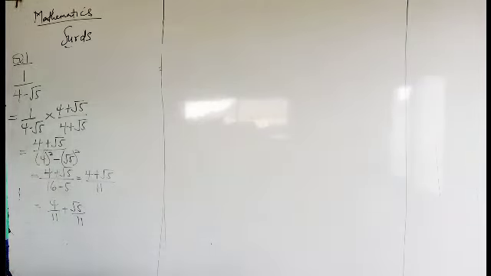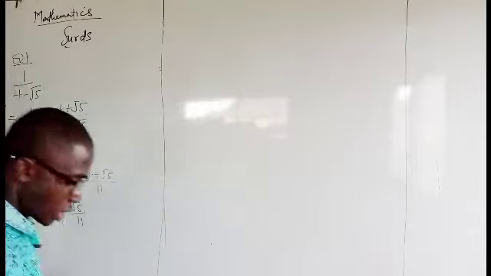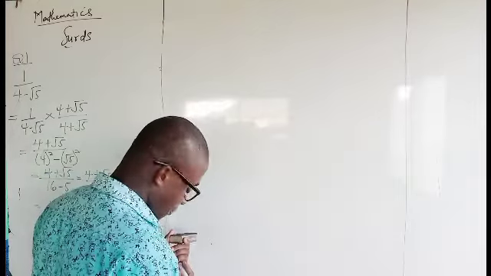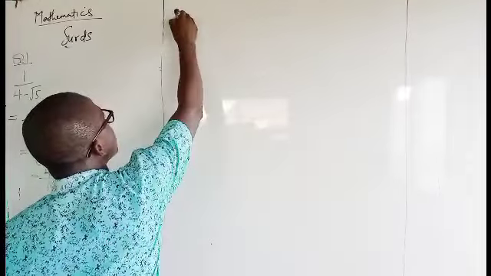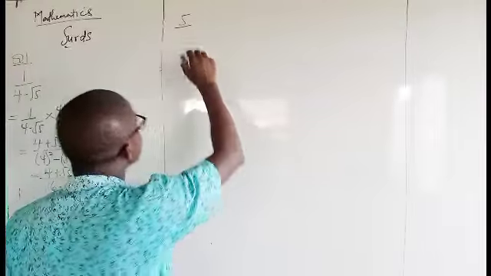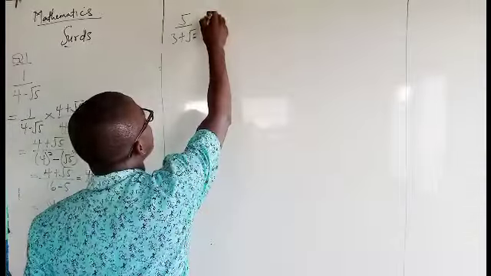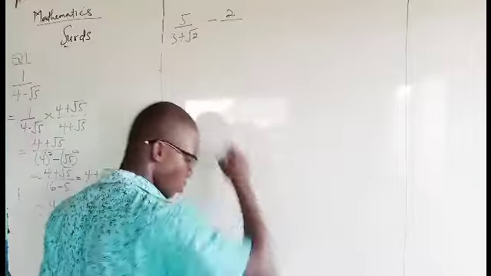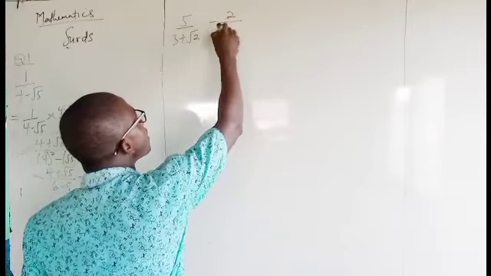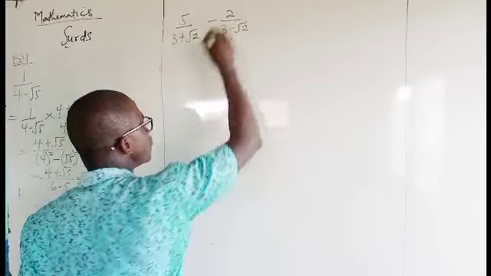Okay, let us try this question. 5 over 3 plus root 2 minus 2 all over 3 minus root 2.